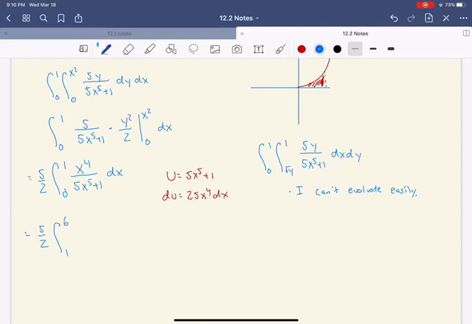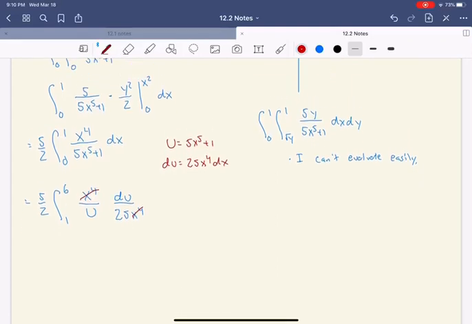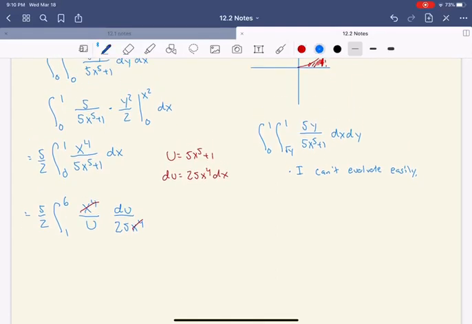Okay, let's keep that x to the fourth here. u is the denominator, and dx is now du divided by 25x to the fourth. And of course, the x to the fourth cancels. That's the whole point that makes substitution work here. Okay? So, 5 divided by 2 and 25 in the denominator, that's going to actually come out to be, magically, 1/10.